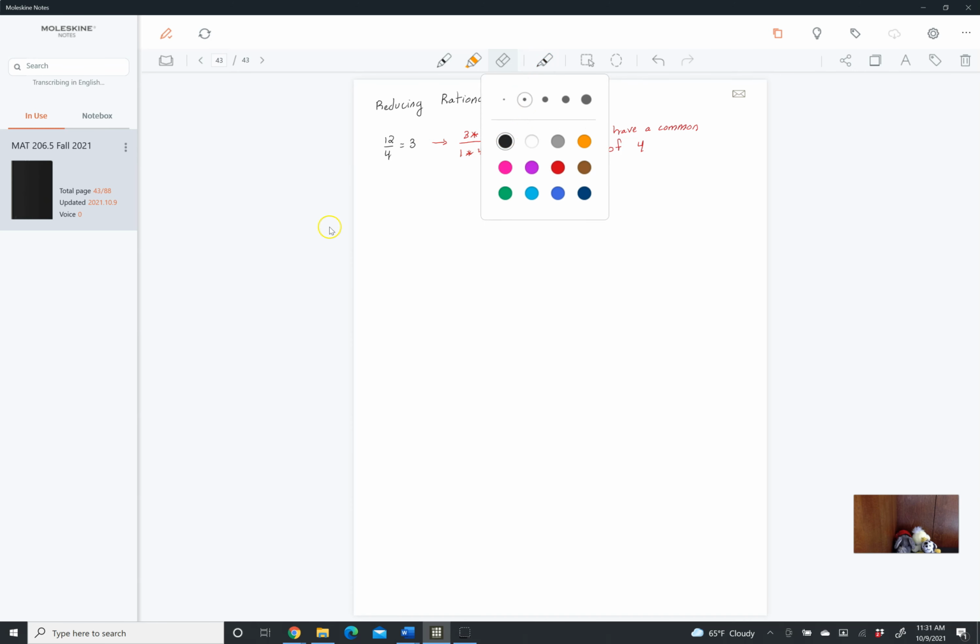Okay. This is true of many fractions. If we were talking about numbers, if we had 27 over 18, well, this can be reduced to 3 over 2. Why can it be reduced to 3 over 2? Because 27 is 9 times 3, and 18 is 9 times 2.